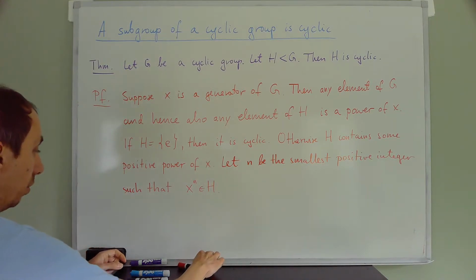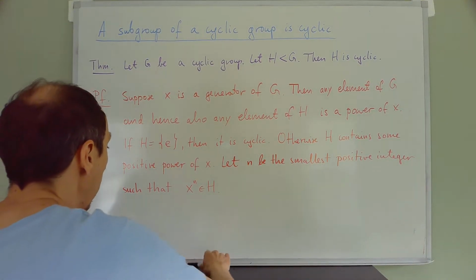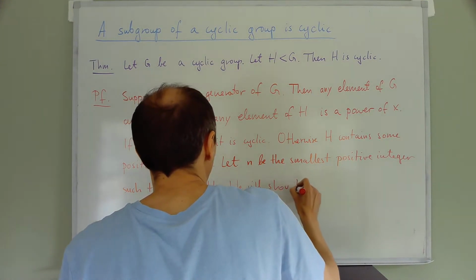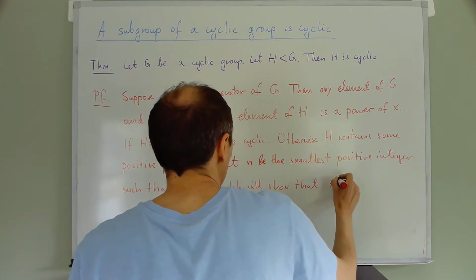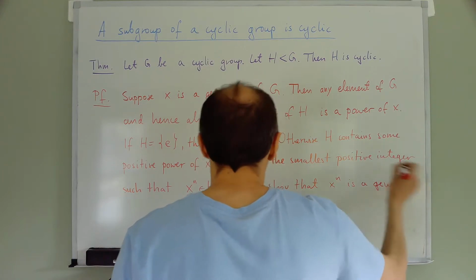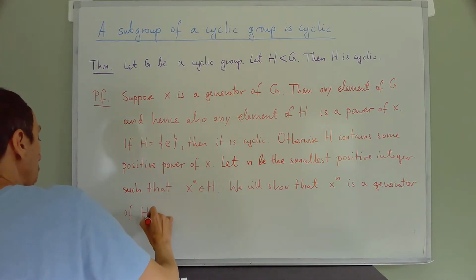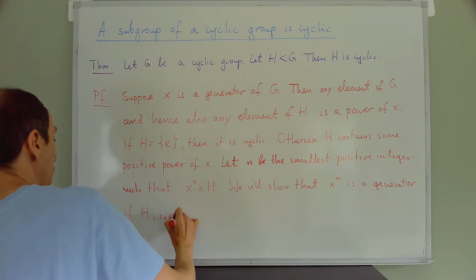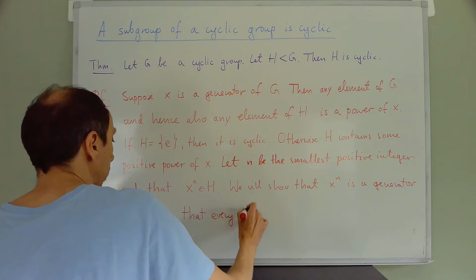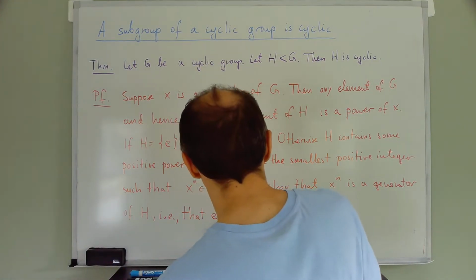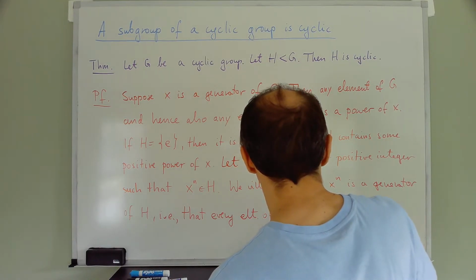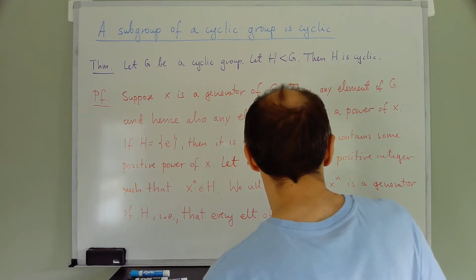Now, what am I trying to show? So we will show that X to the n is a generator of H, i.e. that every element of H is a power of X to the n.